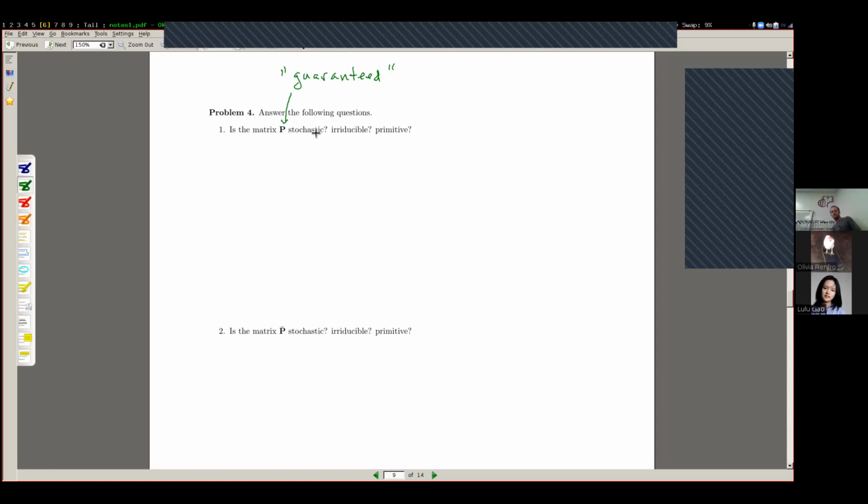Let's see, what does somebody think for stochastic? Yeah, so it does not have to be stochastic. One example, let's use our 0 graph right here, where there's no links between anything. The P matrix in that case is just going to be the 0 matrix. And none of the rows sum to 1. They all sum to 0. So it is not stochastic.